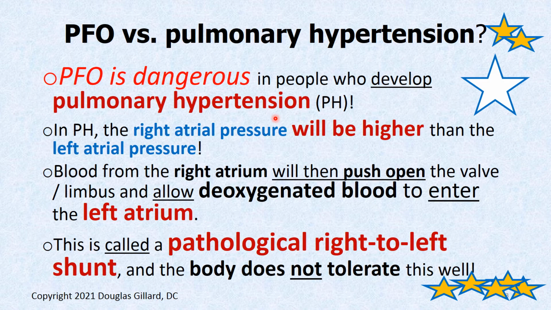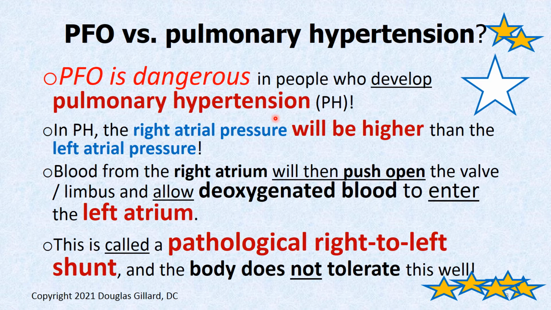Now, when does it become trouble? Patent foramen ovale becomes trouble when you develop pulmonary hypertension. We've talked about pulmonary hypertension, and we'll talk about it again because it's so important. In someone with pulmonary hypertension, the right atrial pressure will begin to approach the pressure of the left atrium.